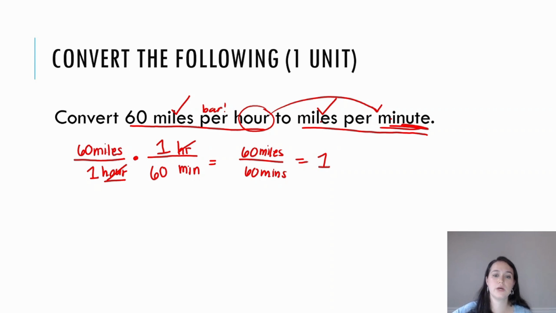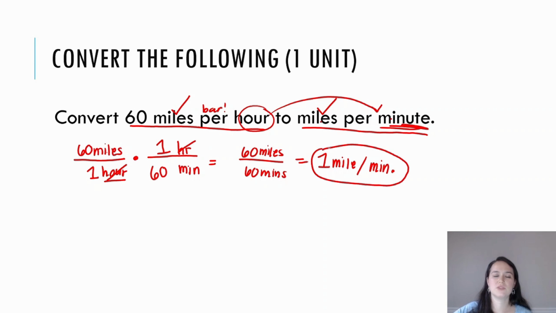So this is 1 mile per minute. Remember you can use the bar to say per. Which makes sense: if you're going 60 miles per hour, then that would be 1 mile a minute, because there are 60 minutes in an hour. All connected. So we have 1 mile per minute.